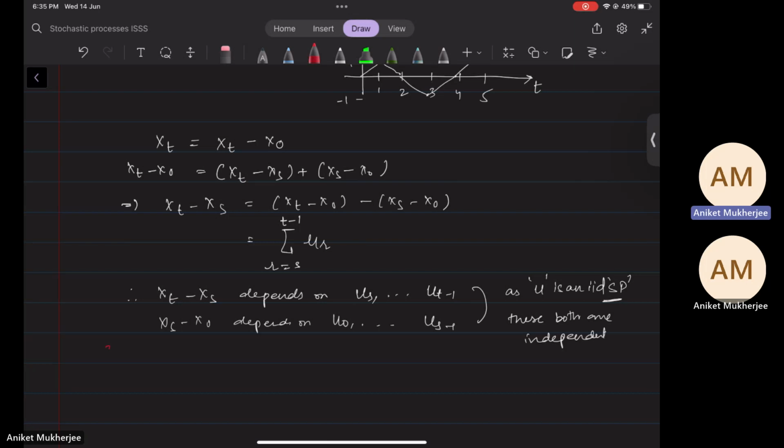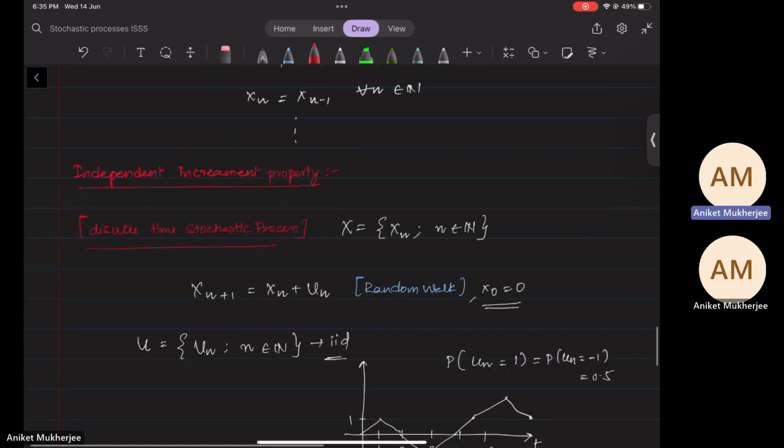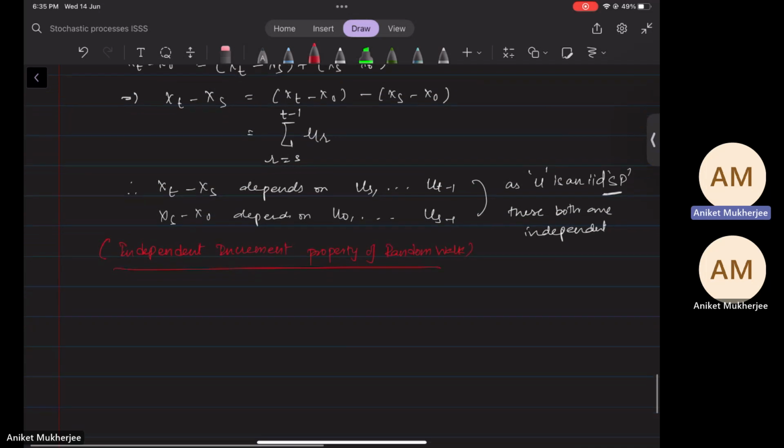It shows the independent increment property of the random walk. We'll come back to the independent increment property later, while we just go to the Poisson process.